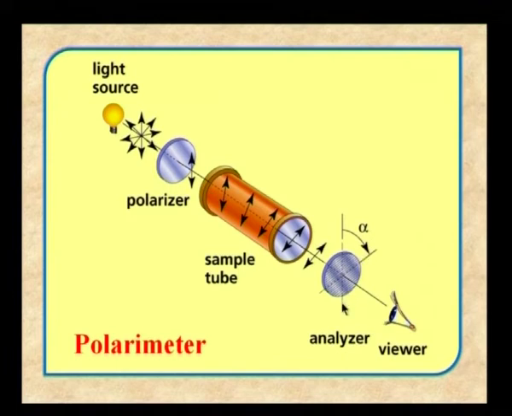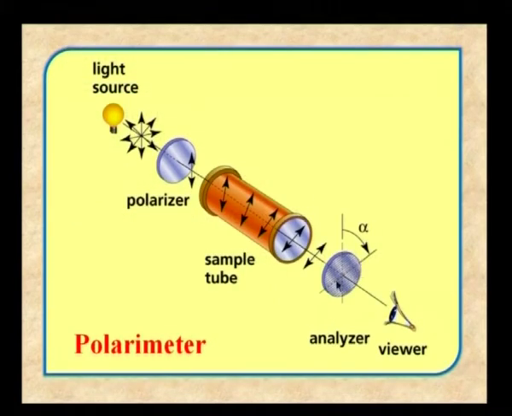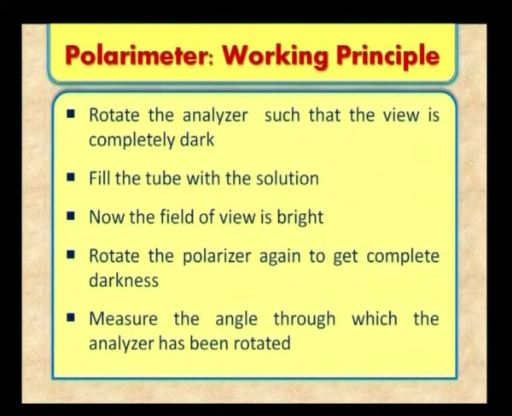And how do you measure the angle alpha? The working principle of a polarimeter: rotate the analyzer such that the view is completely dark. So, you rotate the analyzer so that in the field of view of the telescope there is complete darkness. Fill the tube with the solution. When you fill the tube with the solution, the field of view becomes bright.